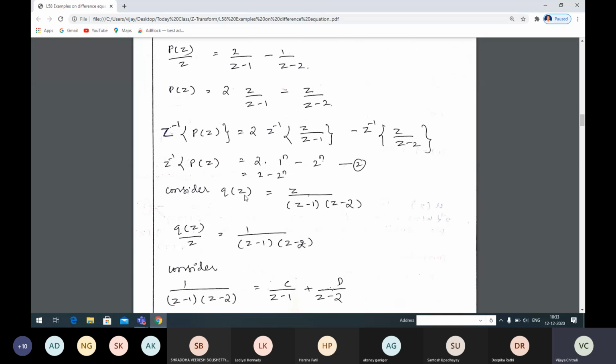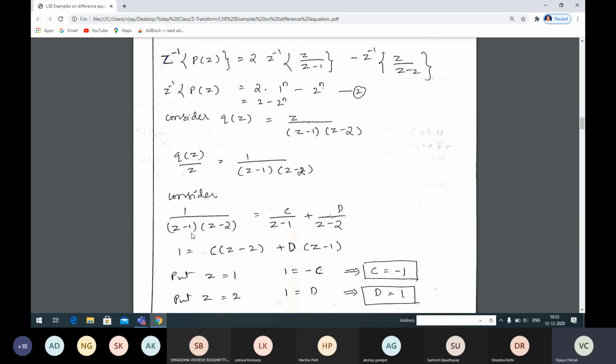First consider q of z is equal to z divided by (z minus 1)(z minus 2). Write it in standard form: q of z divided by z is equal to 1 divided by (z minus 1)(z minus 2). By using partial fractions, you resolve this.